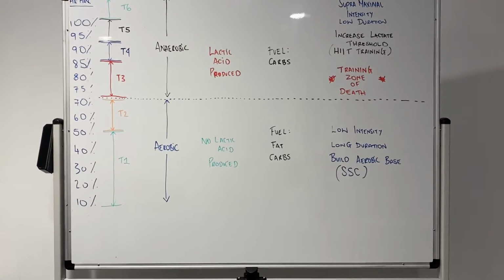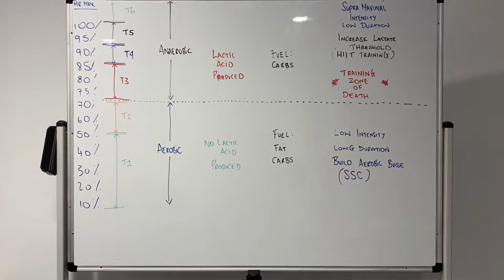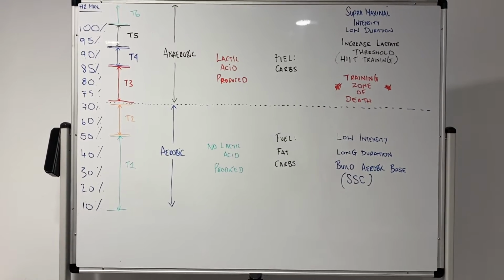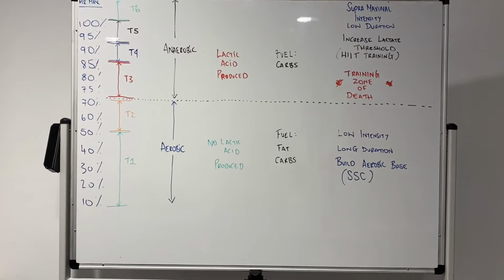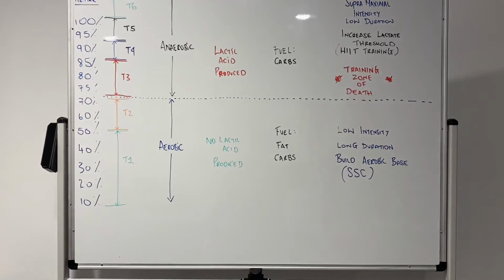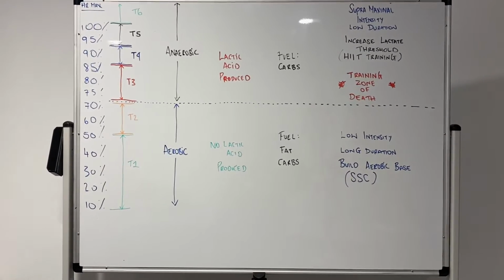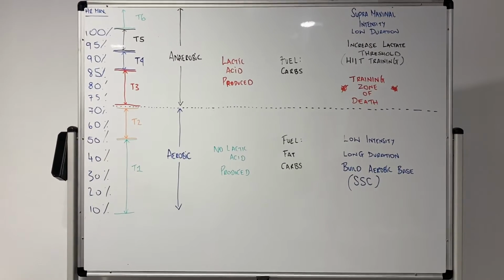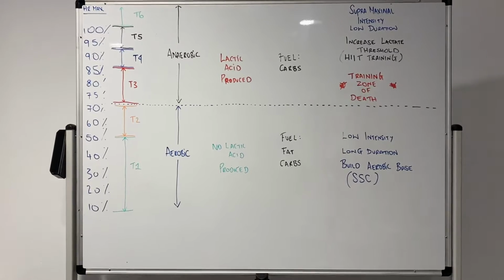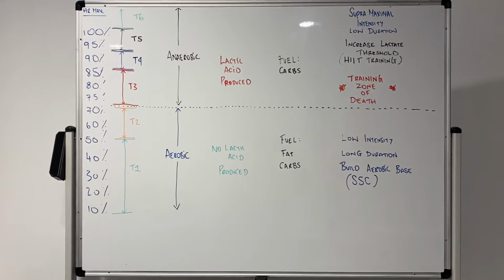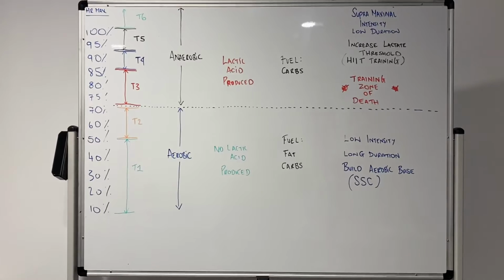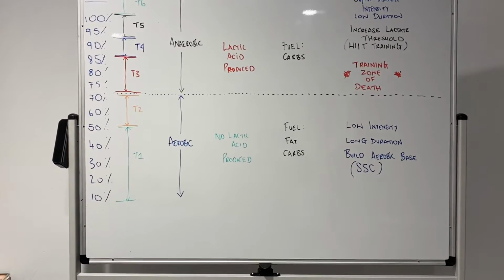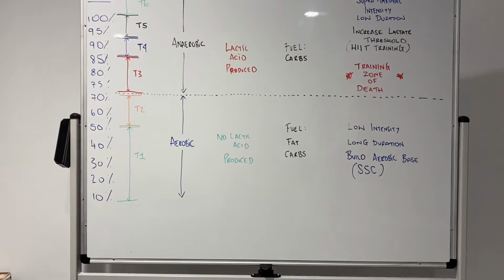Because we are not doing anything really high in terms of intensity levels, being aerobic in training zone 1 and training zone 2, we don't need instant drive at the muscles like we do in an explosive activity, say a sprint or a jump. We can afford for our energy to take a little bit longer to be utilized, and therefore we can actually utilize some fat as that fuel source.